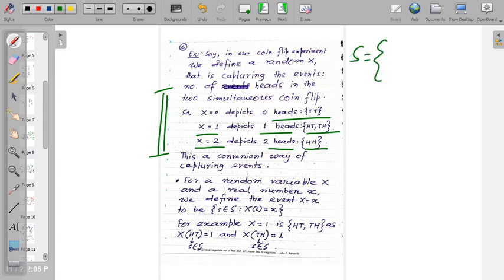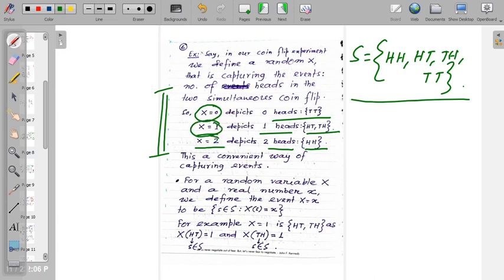We had the sample space HH, HT, TH and TT, whenever we are flipping two coins simultaneously, and out of that we are looking for the number of heads. Whenever X takes these values, each one corresponds to one event of interest. So this is the main idea.